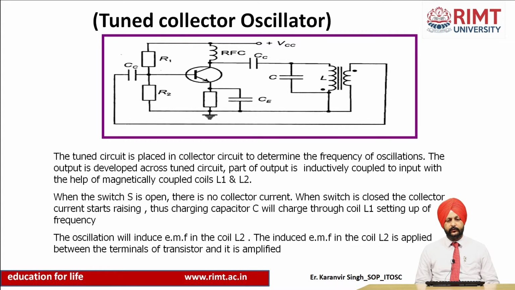In the second case, when the switch is closed, the collector current starts to flow in the circuit. The capacitor will be charged through the coil L1, which sets the frequency. The oscillation further induces an EMF, electromotive force, in the coil L2. The induced EMF of the coil L2 is applied between the terminals of the transistor, and after that it will be amplified.